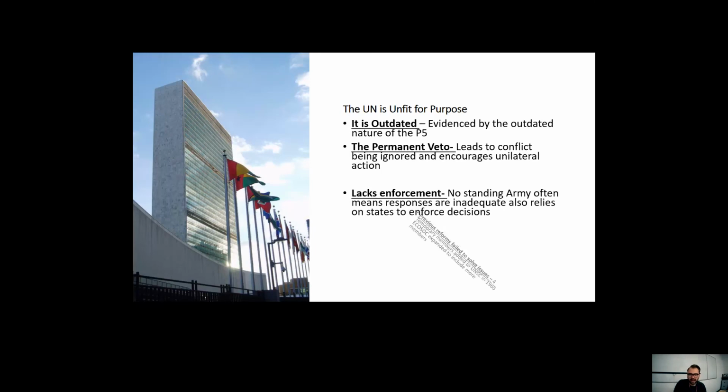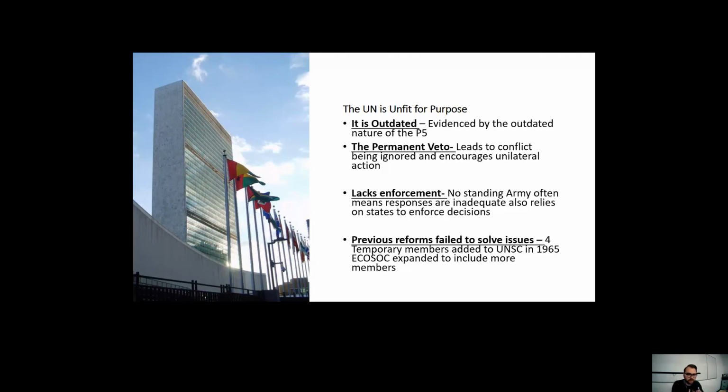And then finally, one thing that we do have to look at is that previous reforms have failed to solve issues. Particularly in the 1960s and the 1970s, we saw an attempt to make elements of the UN more representative. So in 1965, the UN Security Council was expanded.